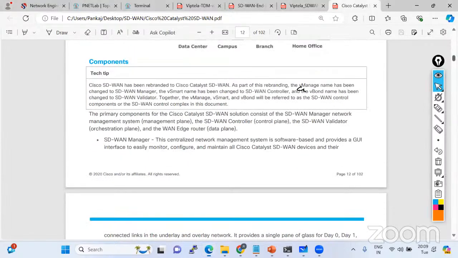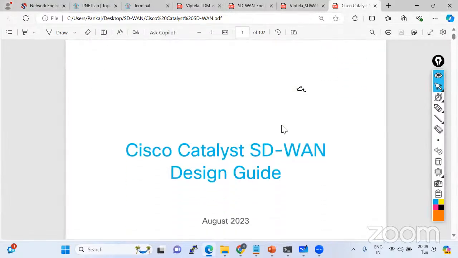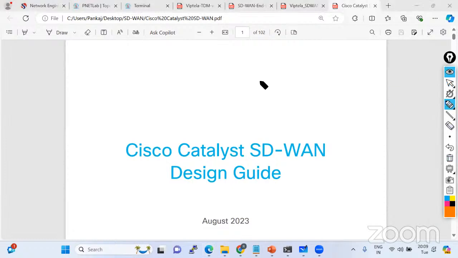So all the flavors you'll see, because this is the key thing you have to understand. There are several names for the SD-WAN concept from Cisco. One is Viptela SD-WAN. One is the Cisco SD-WAN that you are going to hear about, and the third one you are going to write is Catalyst SD-WAN.